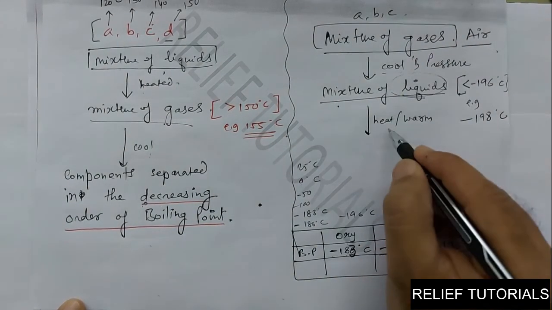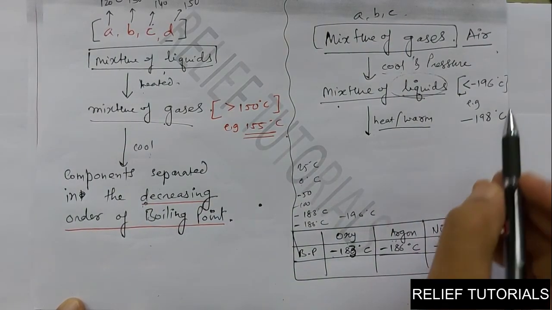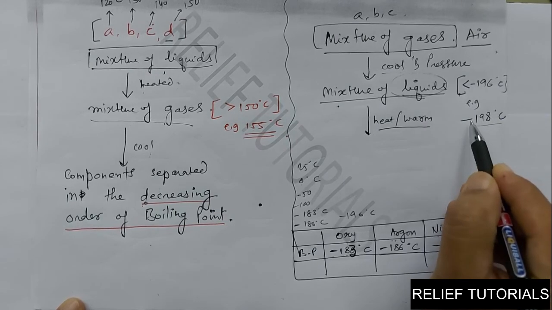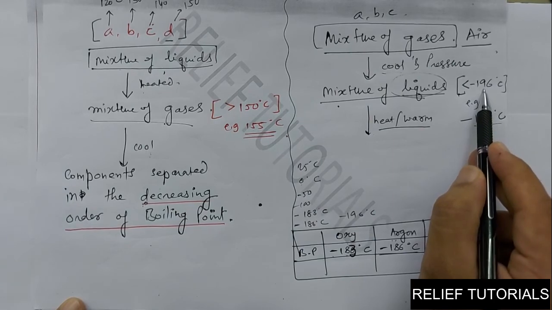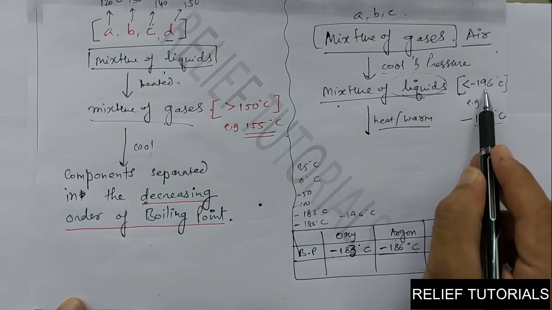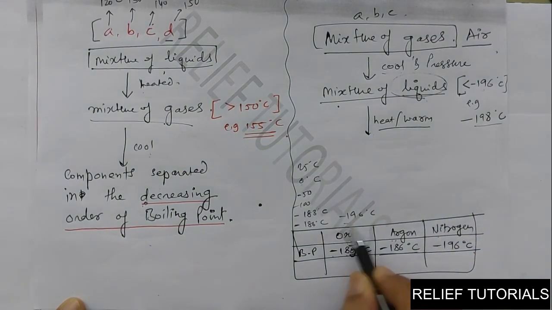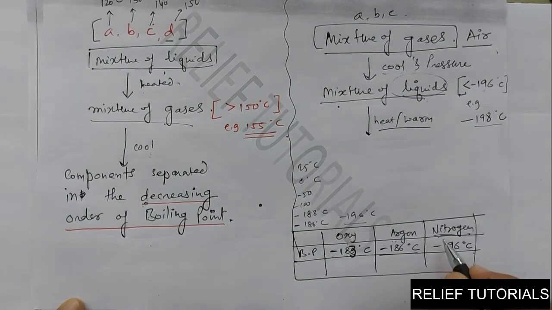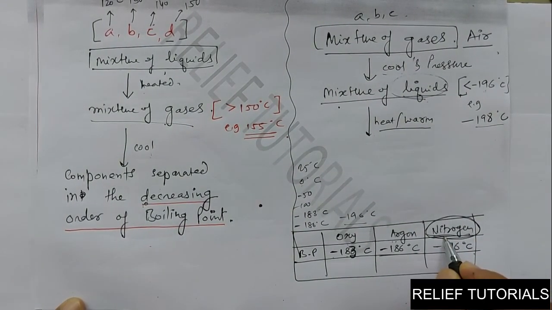And now you make them warm gradually. Minus 198, then the temperature increases to minus 197 and then reaches minus 196. As the temperature reaches minus 196, the liquid converts into gaseous state. Sorry, not oxygen, it is nitrogen. So which one are you taking out first? Nitrogen, in the form of pure gas.